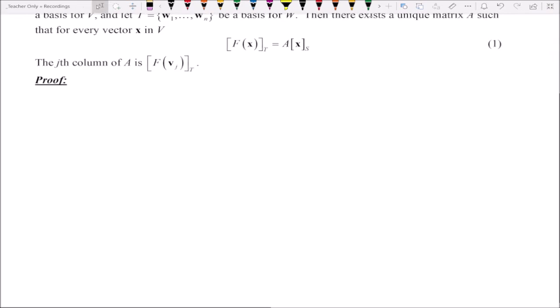So to see this, let our coordinate vector of x with respect to S be the vector d1, and so on through dn.